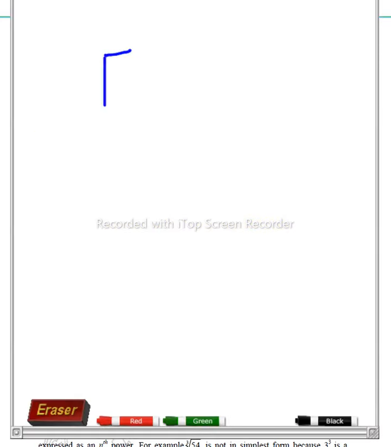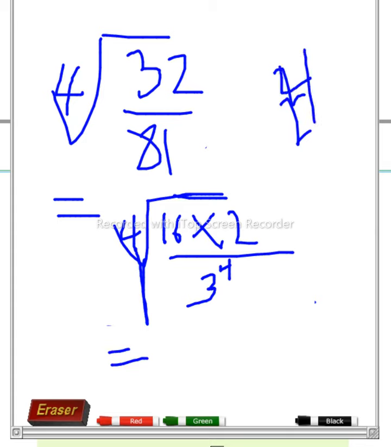We can write this again like this. The 4th root of, we have to make it the same as our index. This means 16 times 2, and we have again 81, which means 3 to the power of 4. 3 to the power of 4, which means we can take out 16, which is 2 to the power of 4.